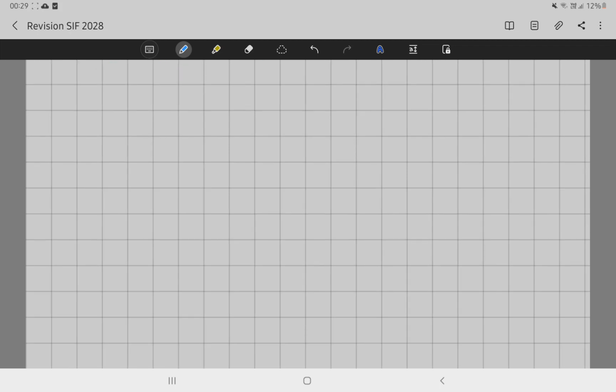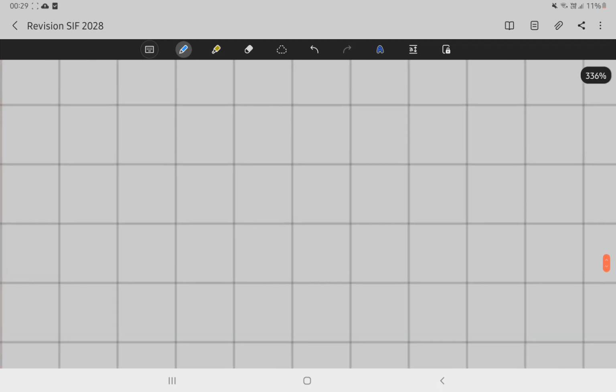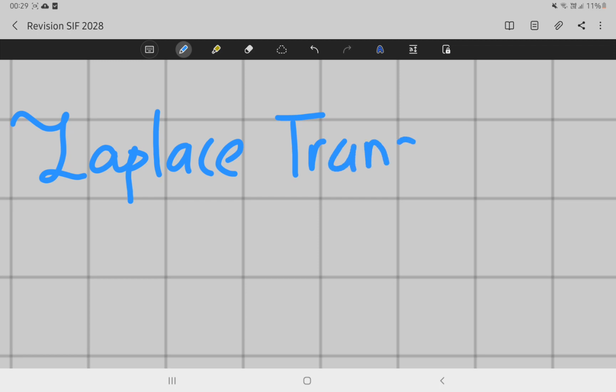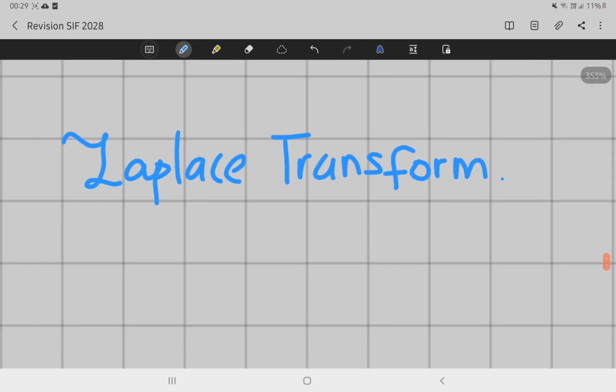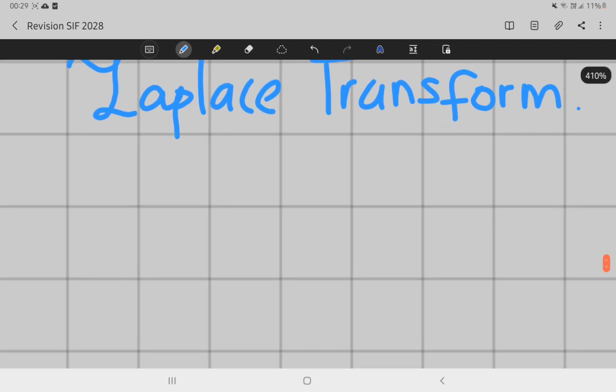The next chapter that I've learned is the Laplace transform. This is also the same thing, but here our domain is between s and t.